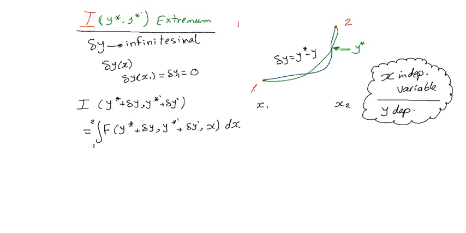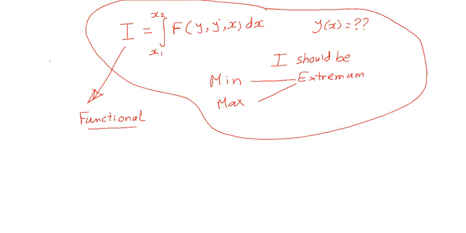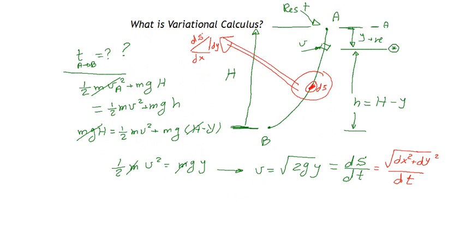Because we do not allow any variation at the ends, because at this point we know very well the value of y1, and at this point we know very well the value of y2. When we return back to our problem, in this integral you are given x1, y1 and given x2, y2, and this was also the case for the Brachistochrone problem.